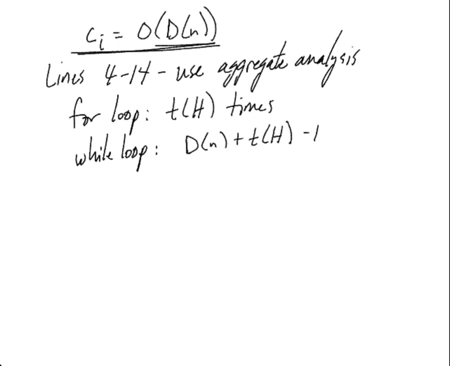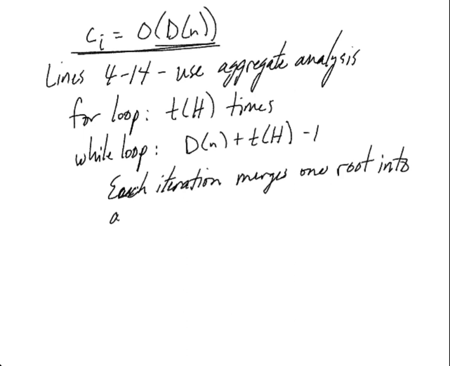Each iteration merges one root into another. So how many total merges can we have? We can have only this many total merges. So over the course of all the for loops, the while loop is actually going to end up running only d of n plus t of h minus 1 times.